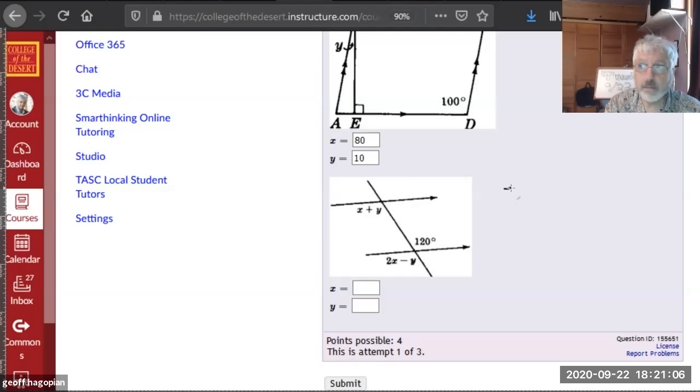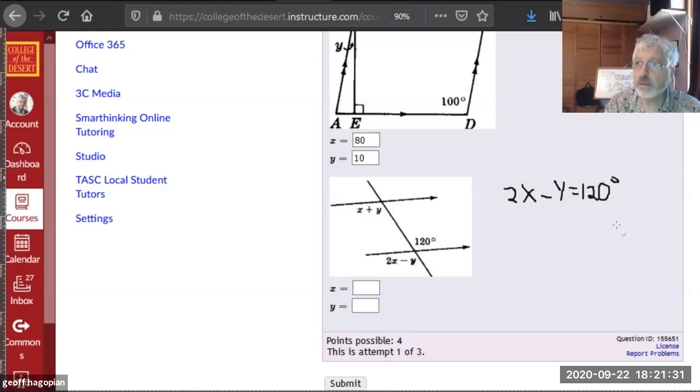So I have that 2x minus y is equal to 120. So that's one equation with two unknowns, right?